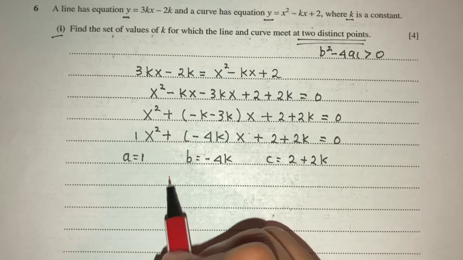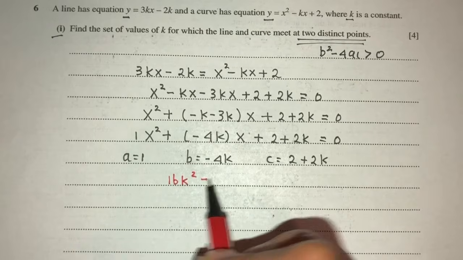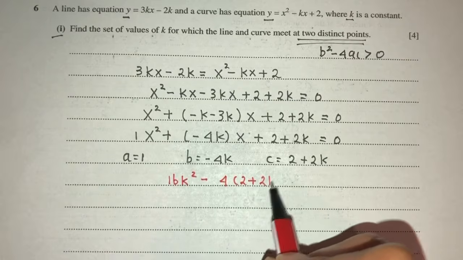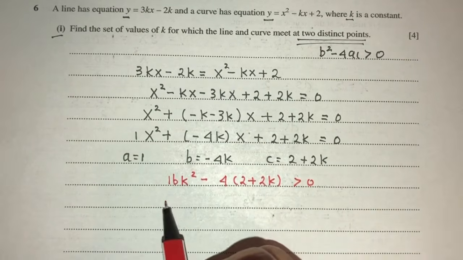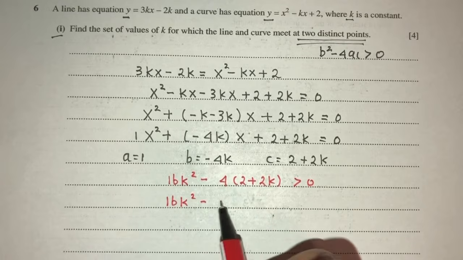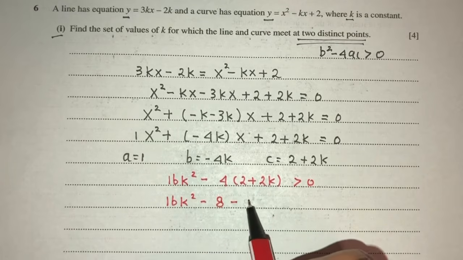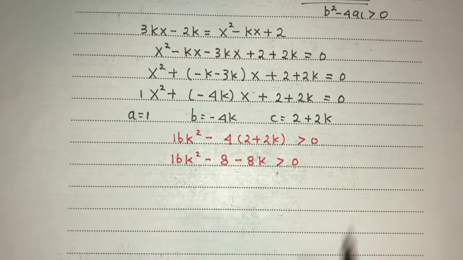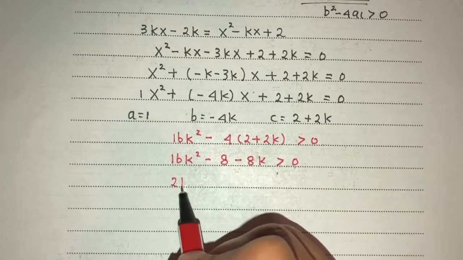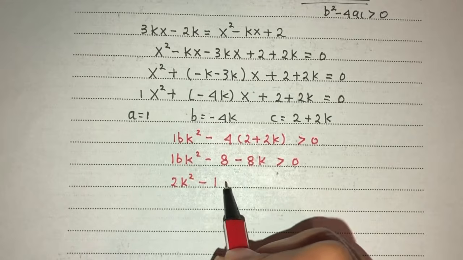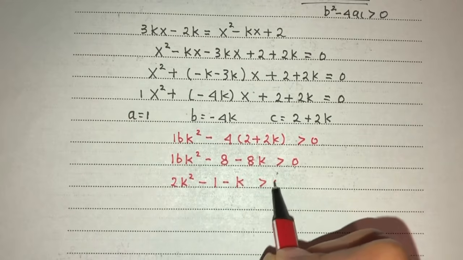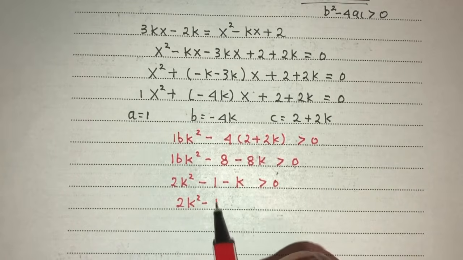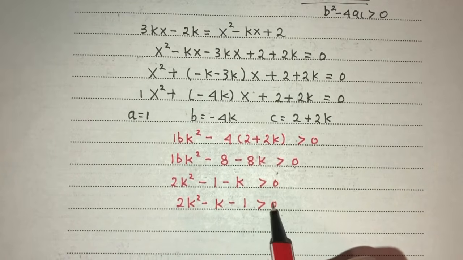So b squared will be 16k squared minus 4 times a, which is 1, times c, has to be more than 0. 16k squared minus 8 minus 8k is more than 0. Now if you divide by 8 everywhere, you will have 2k squared minus 1 minus k. So let's rearrange. You will have 2k squared minus k minus 1 is more than 0.